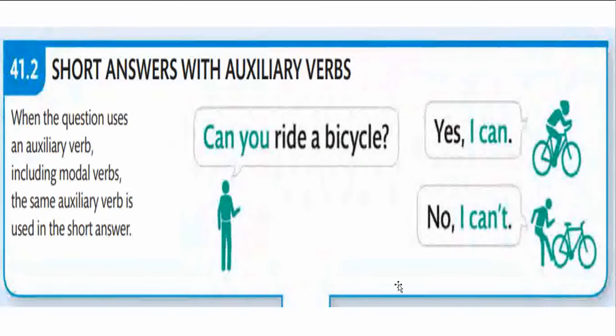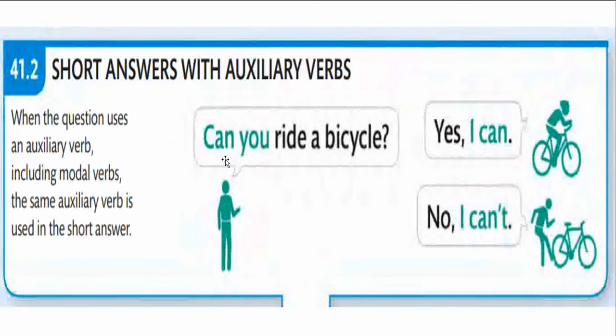Now let us see the next pointer. The next pointer is short answers with auxiliary verbs. When the question uses an auxiliary verb, including modal verbs, the same auxiliary verb is used in the short answer.